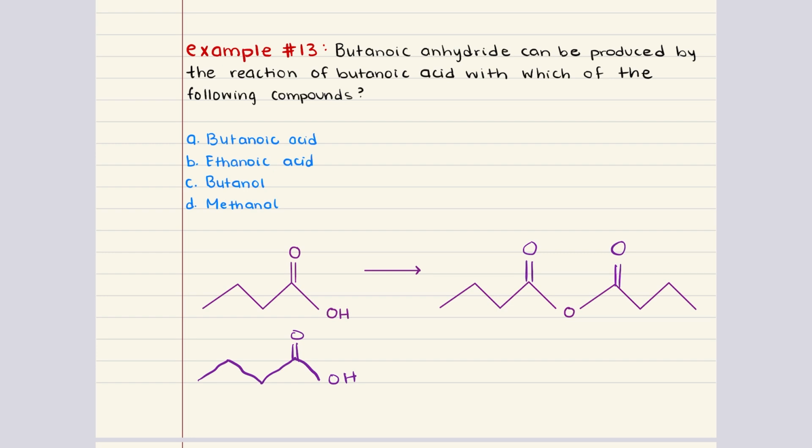When these 2 carboxylic acids react, they're going to first eliminate a water molecule between them, and then they will link together. This process forms the anhydride functional group. Since we're asked for butanoic anhydride, it is necessary that the starting material is butanoic acid itself. Therefore, the correct answer is A.